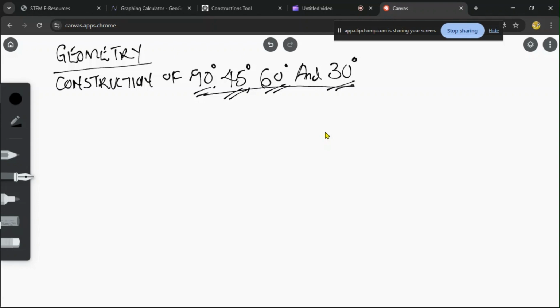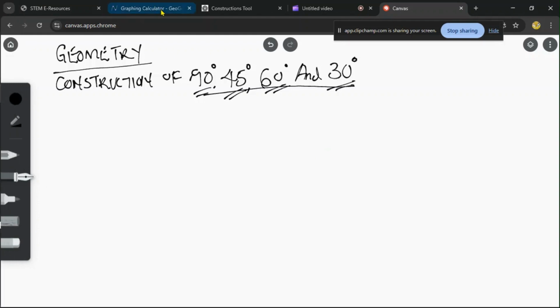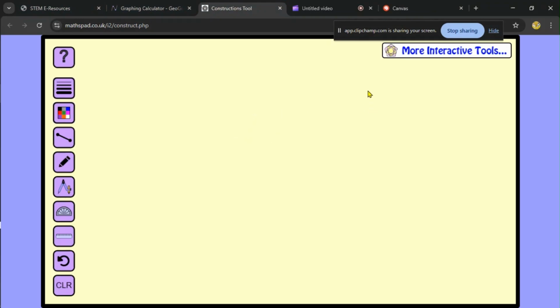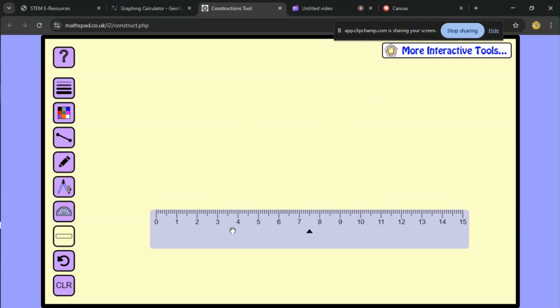So I'll go to the construction area, and I'm going to use this space for construction. It's good that you have a ruler. You should have a ruler in this class.